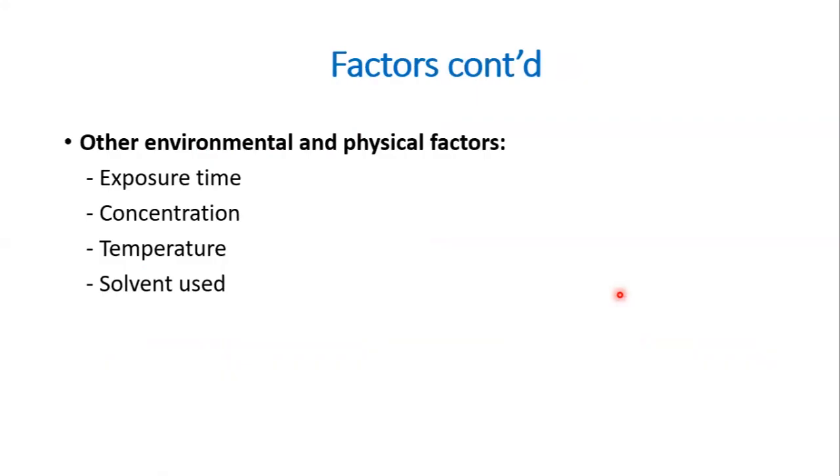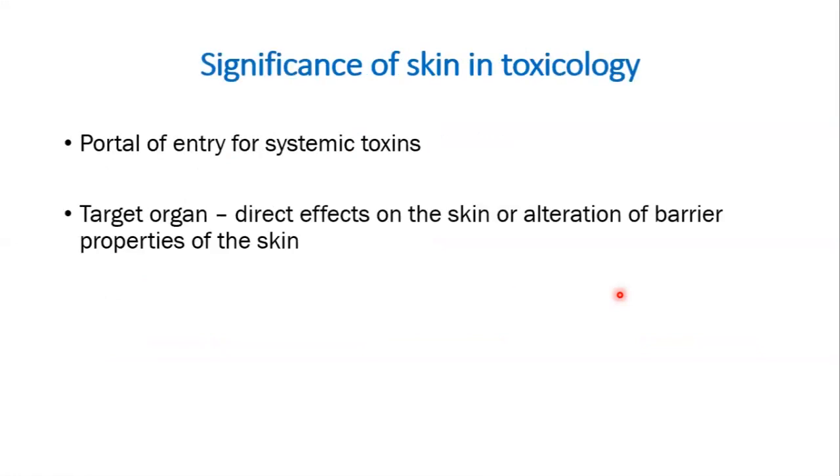And then we have the environmental factors, the exposure time, the concentration of a chemical, temperature, or the solvent used. So the question arises, what is the significance of the skin in toxicology? One, the skin is a portal of entry for several systemic toxins.